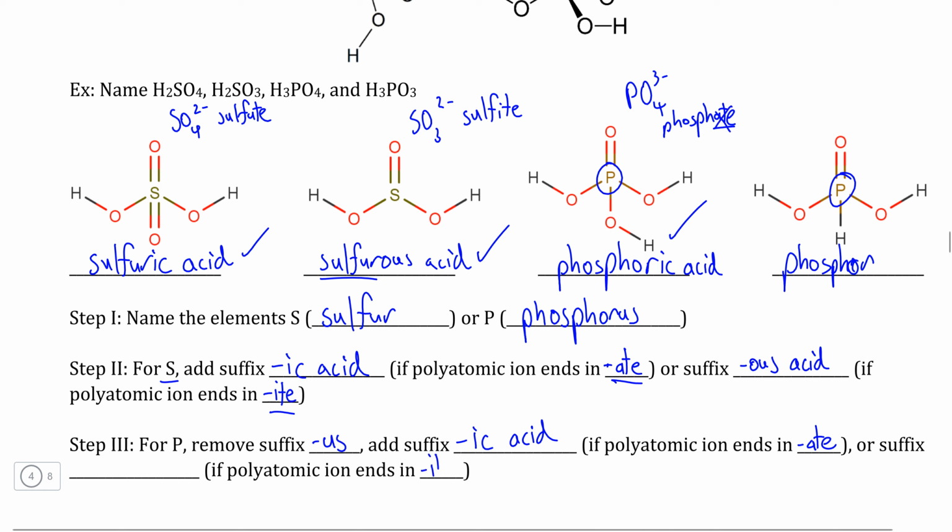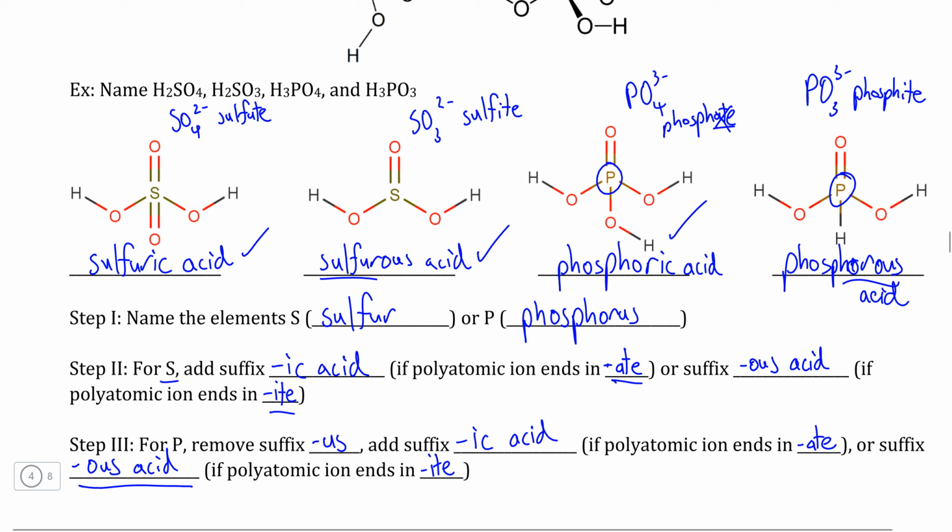And likewise, if the polyatomic ion ends in ITE, we replace it with the suffix OUS acid. And as we can see, this phosphorus here only has 1, 2, 3 oxygens, and if you look up this polyatomic ion on your periodic table, this polyatomic ion would be pronounced phosphite, meaning that this would be called phosphorous acid, although note the difference in spelling because we're following the suffixing rule here.